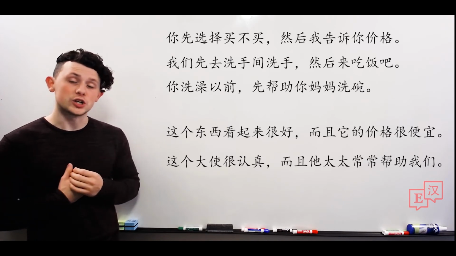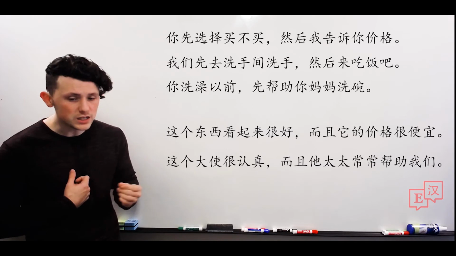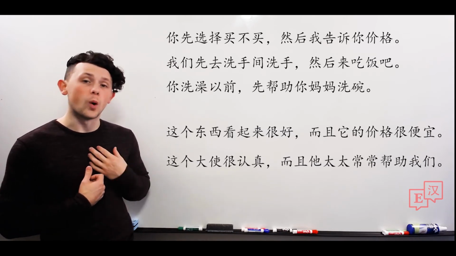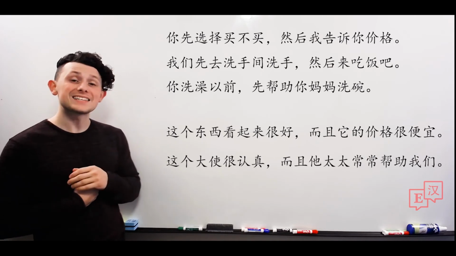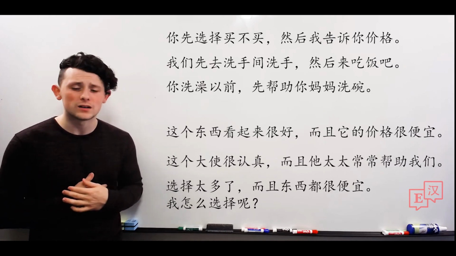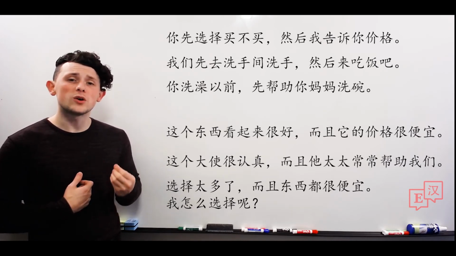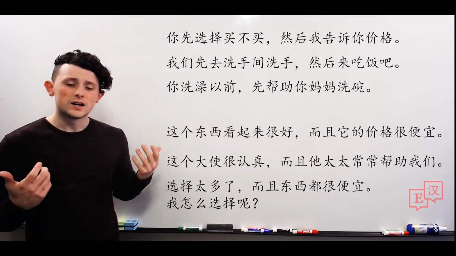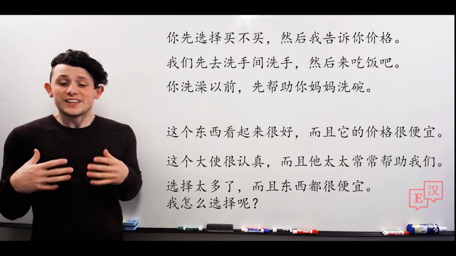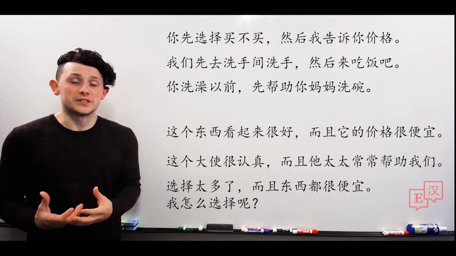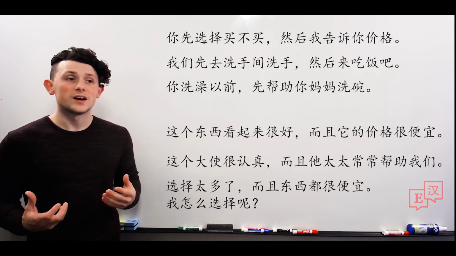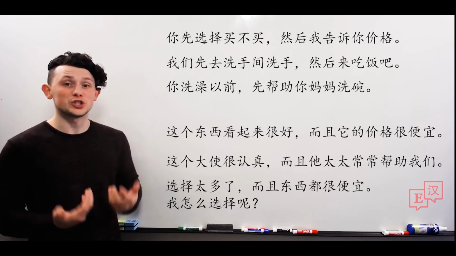这个大使很认真，而且他的太太常常帮助我们。Our last example. 选择太多了，而且东西都很便宜。啊，我怎么选择呢？ So, there's so many options, so many things to choose. 选择太多了。Additionally, everything is so cheap.